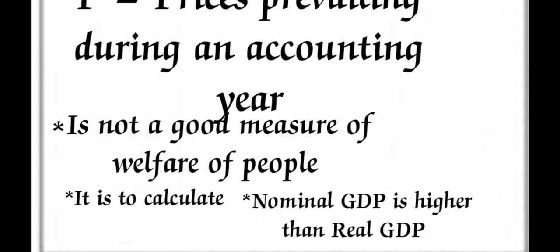Compared with 2011-12, the base year, at present in 2023 there is a lot of difference between the prices from 2012 to 2023. Five or ten years back the prices may be lower than at present. So finally we can say that nominal GDP is always higher than the real GDP.